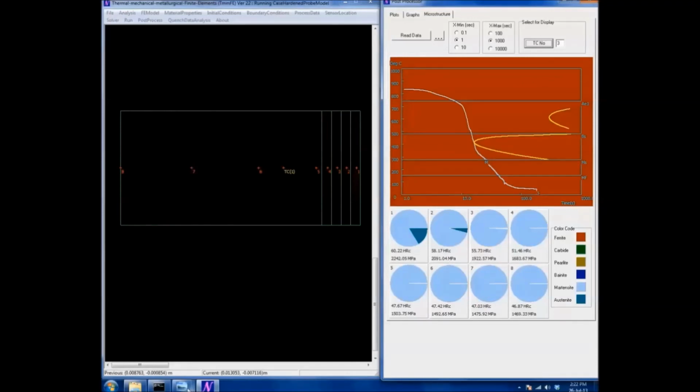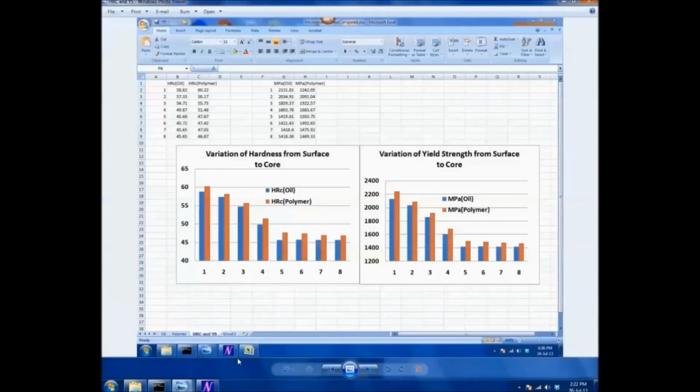We can show this as a bar chart wherein the variation of the hardness from surface to core and also that of the yield strength in the two cases have been presented. You will see that during polymer quenching, both the hardness and the tensile strengths have improved, and the considerable decrease in the hardness and the tensile strength from the surface to the core is also quite visible.